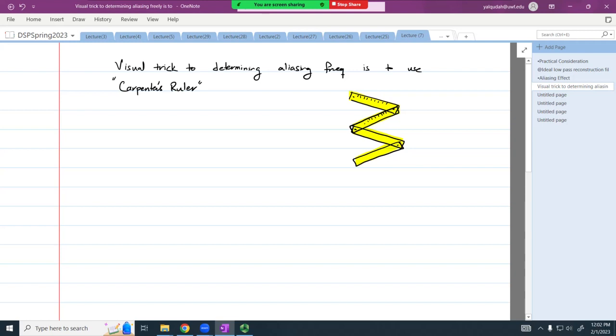Okay, so let's see how this works. Let's say I have a signal x continuous of t equal to cosine 2 pi multiplied by 75 plus cosine 2 pi multiplied by 425.